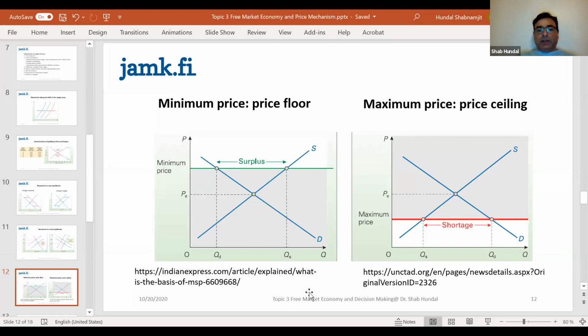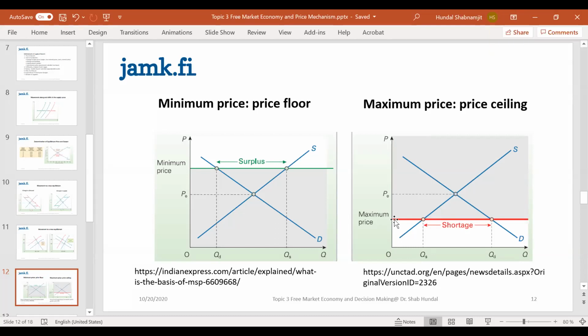The videos are available. And then I gave examples here also, of why the farmers in some countries are not happy with the minimum price, they want it more, okay? And why consumers are angry because of the real price. I think this example from UNCTAD was in the context of COVID-19, that in many countries, because of COVID, the sellers are charging more than the maximum permissible price.